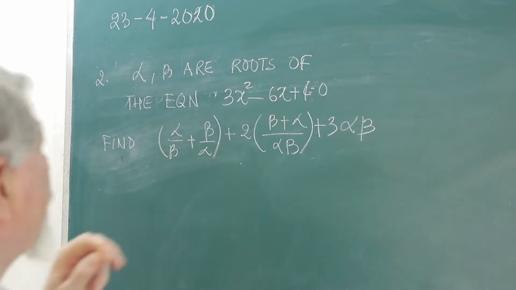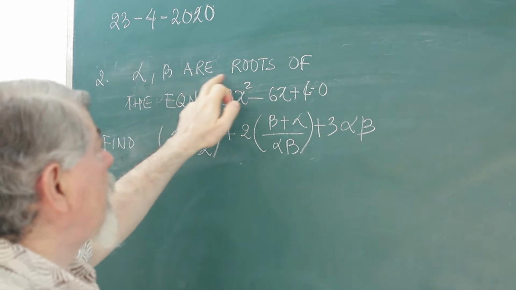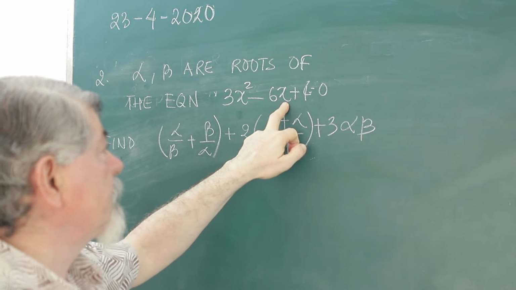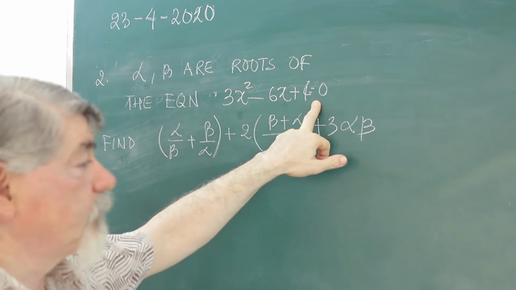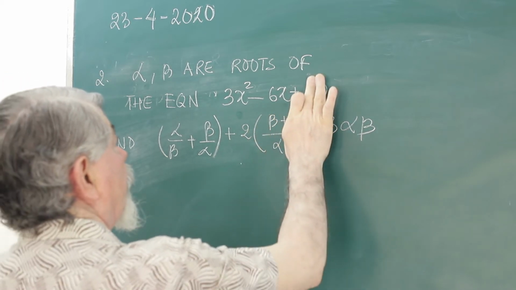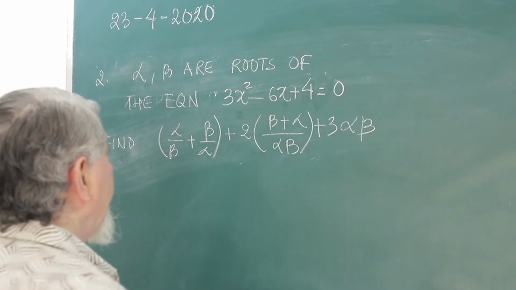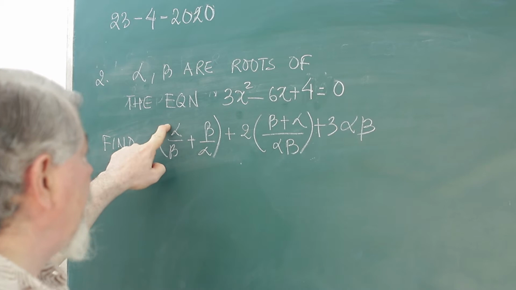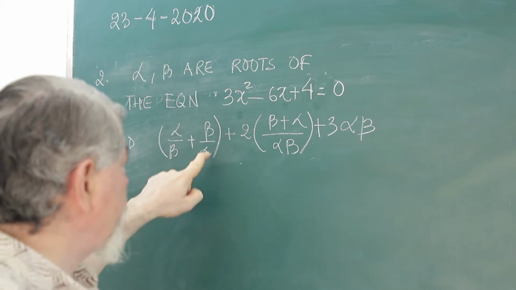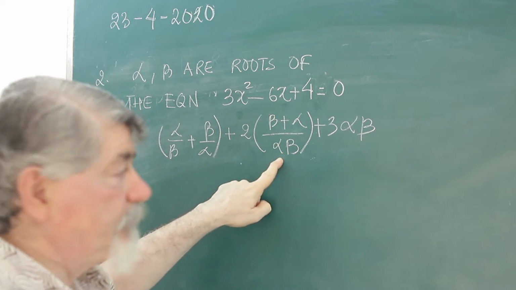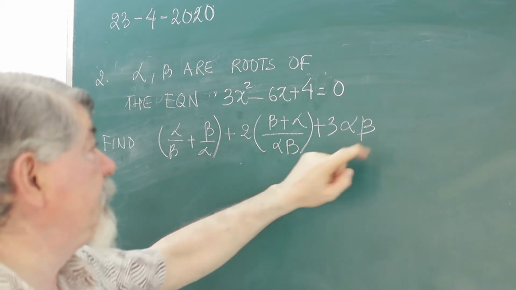Next question is, alpha and beta are roots of the equation 3x square minus 6x plus 4 is equal to 0. We have to find the value of alpha upon beta plus beta upon alpha plus 2 times beta plus alpha upon alpha beta plus 3 alpha beta.